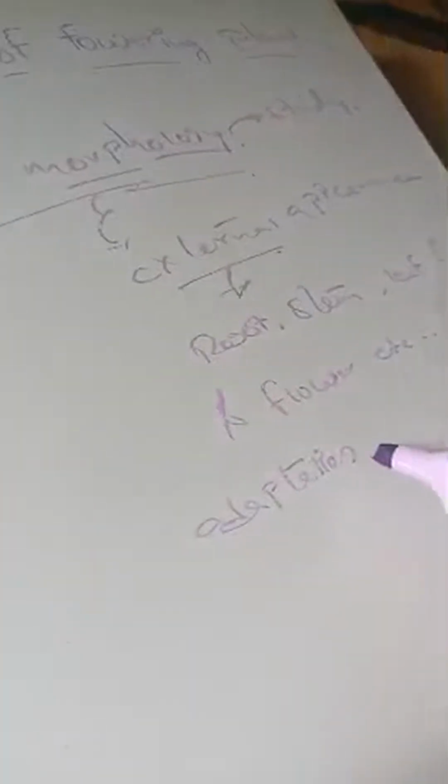So, what are the external appearances? The external appearances of a plant are root, stem, leaf, fruit, and flower, etc., plus their adaptation and protection. This is called morphology.